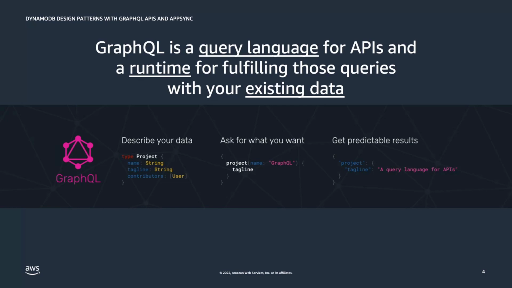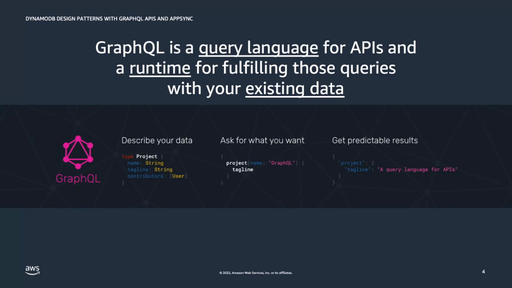What GraphQL allows you to do is essentially describe the data that you want to interact with as types in what we call a schema definition language, and then it allows you to ask for what you want. And because you can be really specific about what you want, you get predictable results. So you ask for data in a certain shape, you get results back in that specific shape.